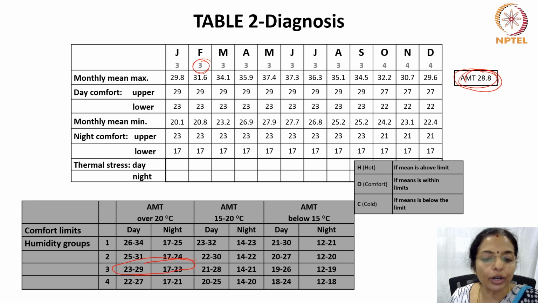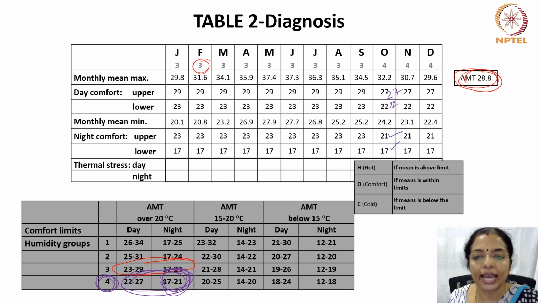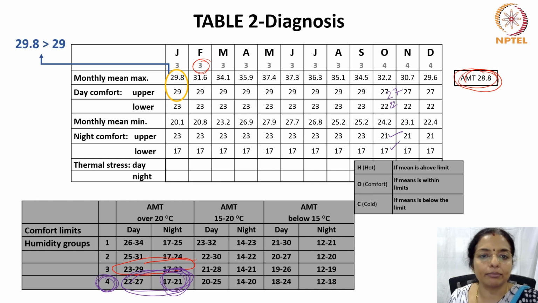So for October, November, December, you enter the range of 22 to 27 as day comfort, and the minimum as given here, it is 17 and 21. Like this you enter in the diagnosis table.